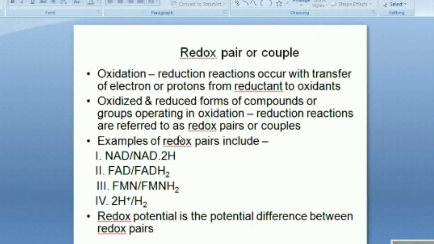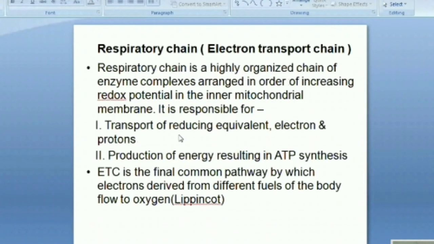So the definition, as we know, we will not be wasting time in respiration. It is the highly organized chain of enzyme complexes arranged in order of increasing redox potential in the inner mitochondrial membrane. Its function is to transport reducing equivalents, electrons and protons.